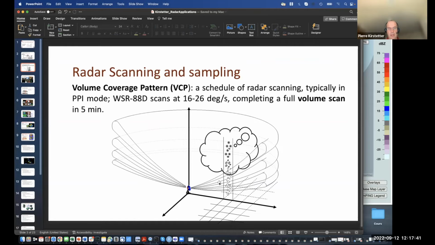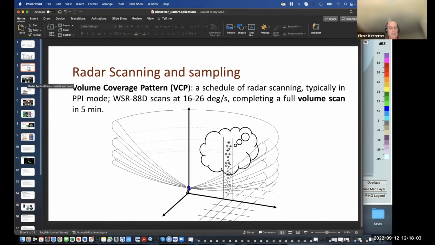The beam broadens as we go farther away from the radar, and it typically takes some time for radars, especially operational radars, to complete a full volume scan. Also, you can notice here the cone of silence that David mentioned.